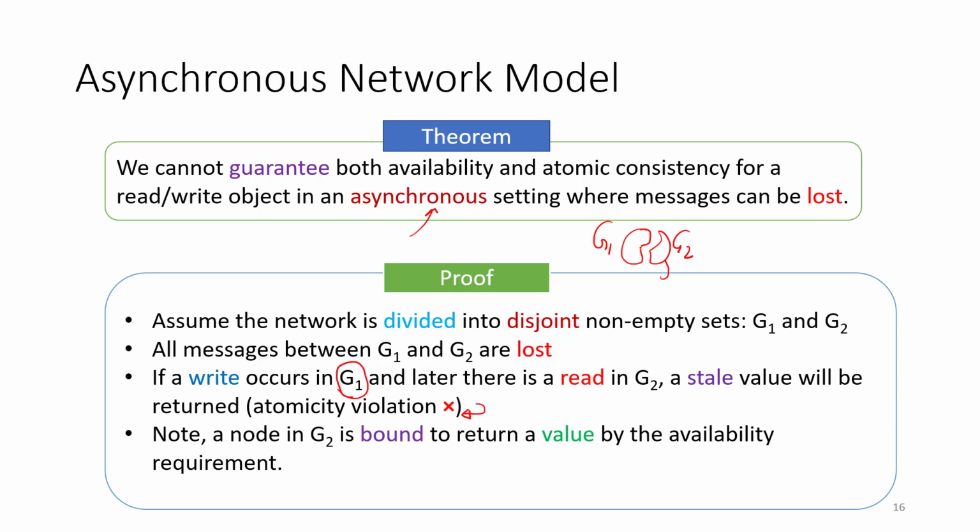And the reason being that it's not possible to propagate the write to G2, and that's why a write will not appear to complete in an instant. And given the fact that nodes in G2 are bound to return a value by the availability requirement, they have to return a stale value which is going to break atomicity. So what we can see is ensuring CAP, consistency, availability, and partition tolerance, in this setting where messages can be lost and we have an asynchronous setting is not possible.